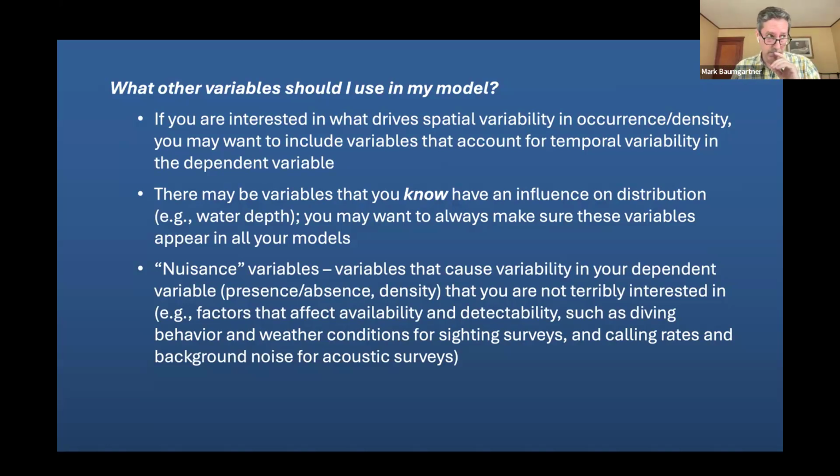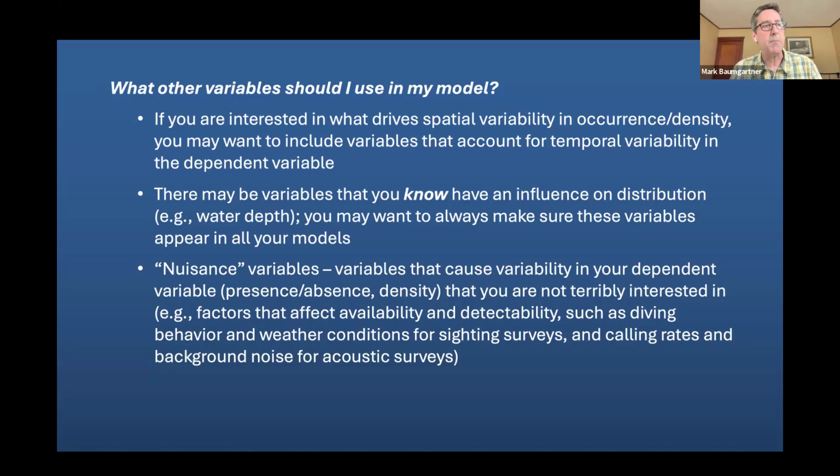And this is quite critical for gliders because, as we'll talk about shortly, you can collect a lot of glider data, but most of what you're going to use that data for is to tease apart this temporal versus spatial variability. You may have to add new explanatory variables, or independent variables, that try to capture some of the temporal variability in your dependent variable. I'll give you an example of that in just a second.